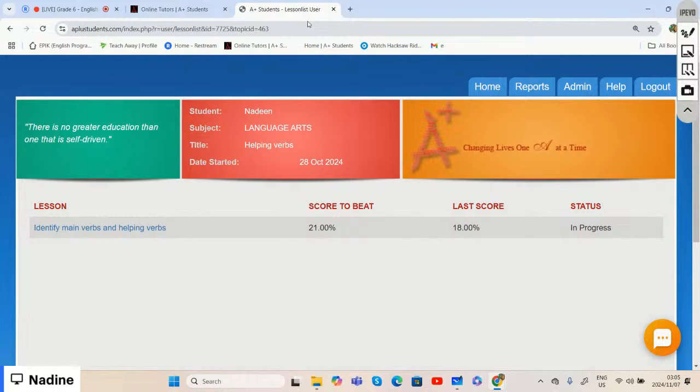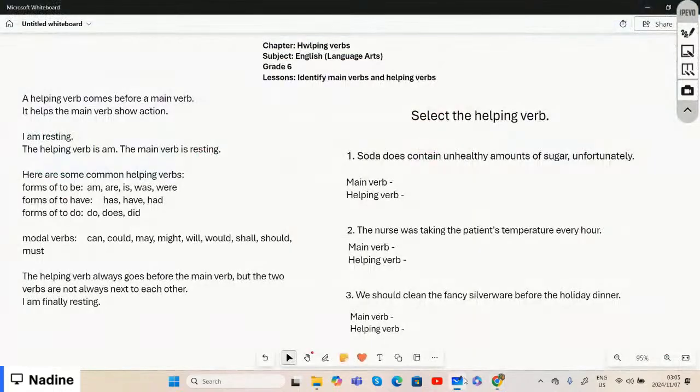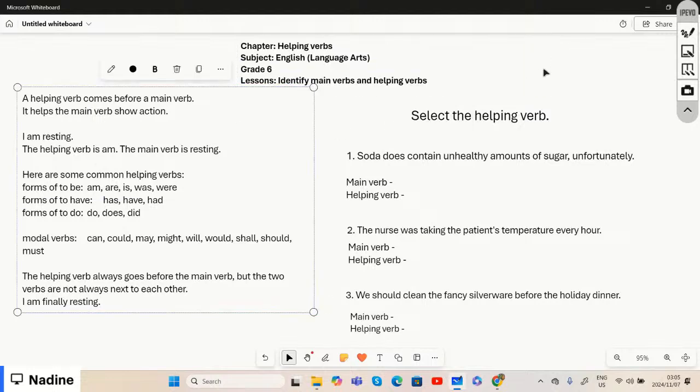All right. So our chapter is helping verbs. Our subject is English language arts. We're doing grade 6.